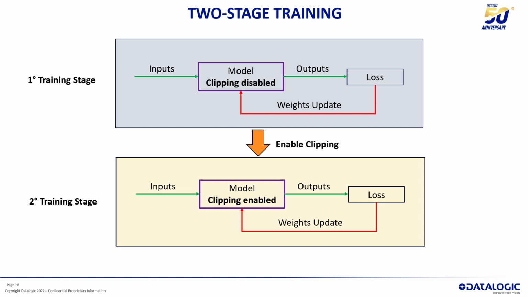So what we usually do is perform a first training stage where the clipping operation is disabled. This allows all the binary layers in the network to be properly trained. After that, we perform a second fine-tuning step where the clipping operation is enabled. Usually this second stage requires few epochs to allow the model to recover the accuracy previously reached.